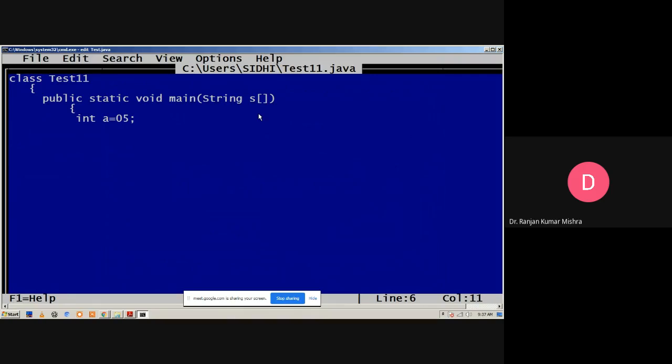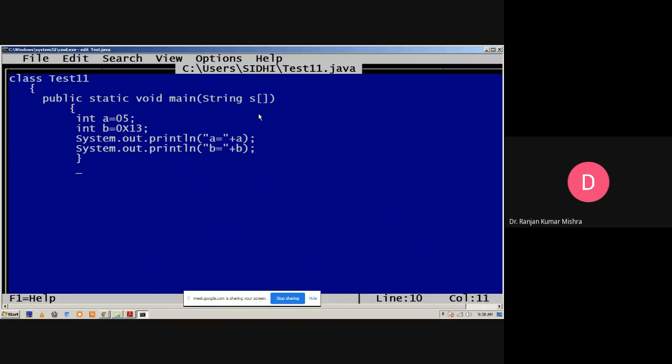05. This is the octal. Int b equal to 0x13. This is the hexadecimal. We have to display the value of these with System.out.println, "a equal to" plus a. Now System.out.println, "b equal to" plus b.